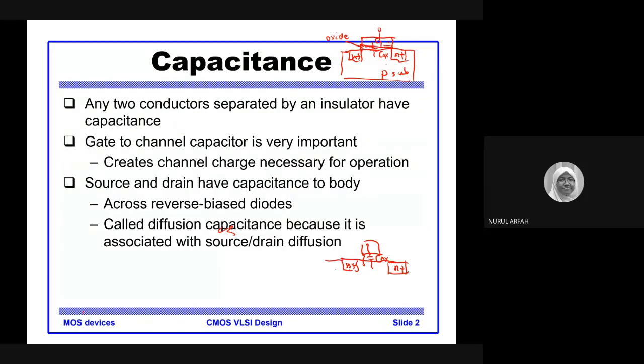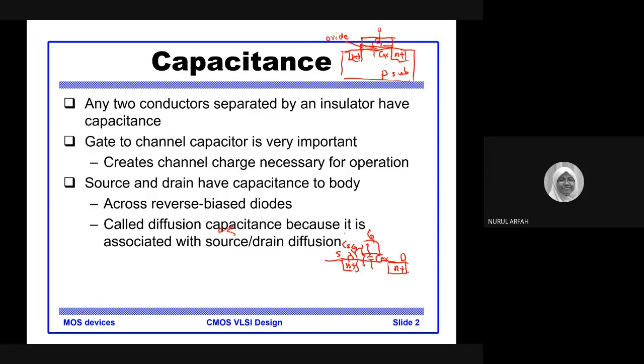And then there's another capacitor at this side, the source and the drain. So this is the source to gate capacitance. For the gate to channel capacitor, this is very important.